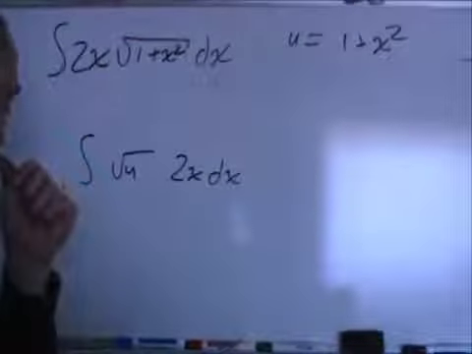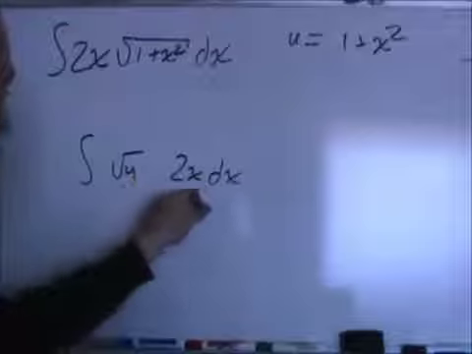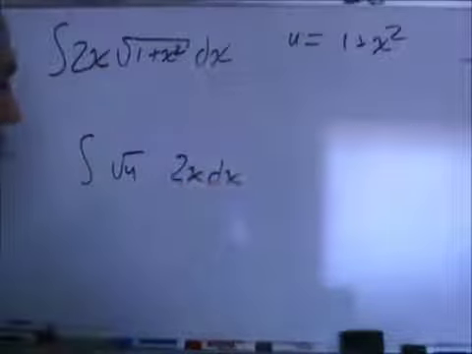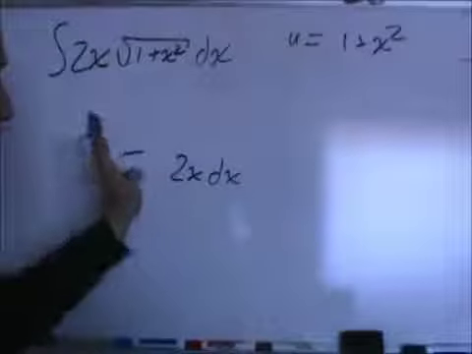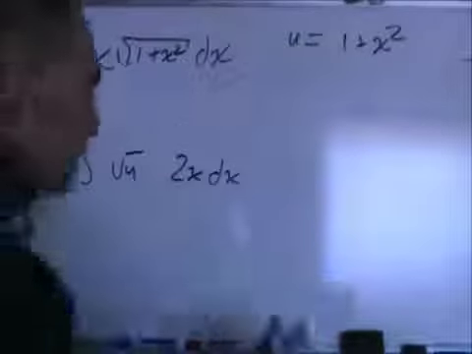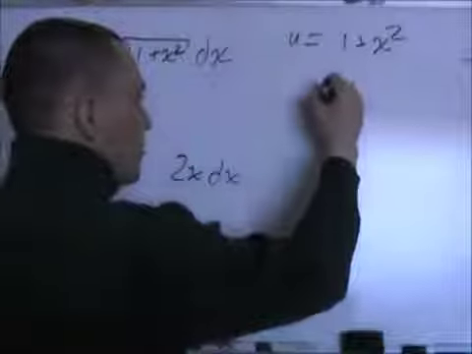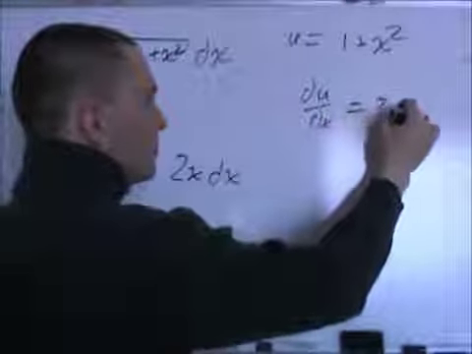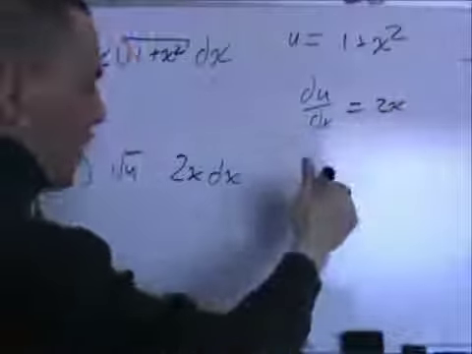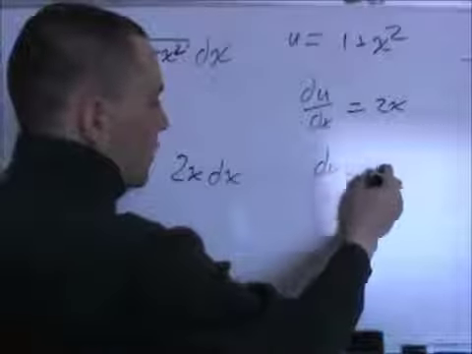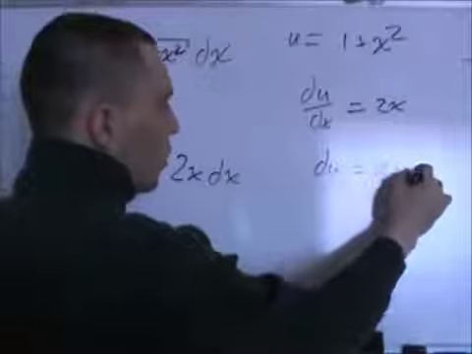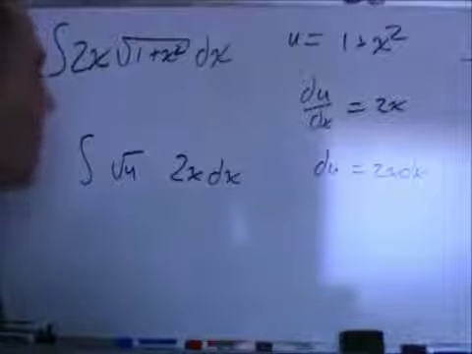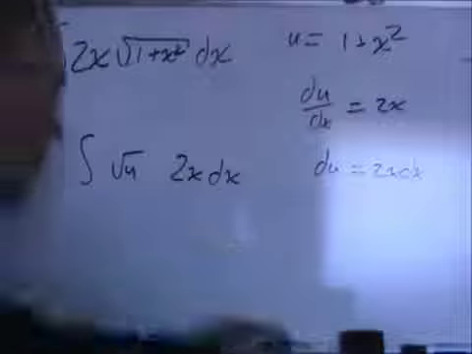Now, this clearly doesn't work because we have a u and x's, and so we need to get these x's here in that du form, so we have the integral of u du. Differentiate this. Put dx on the other side, so that's du equals 2x dx, and now it's just a straightforward substitution.